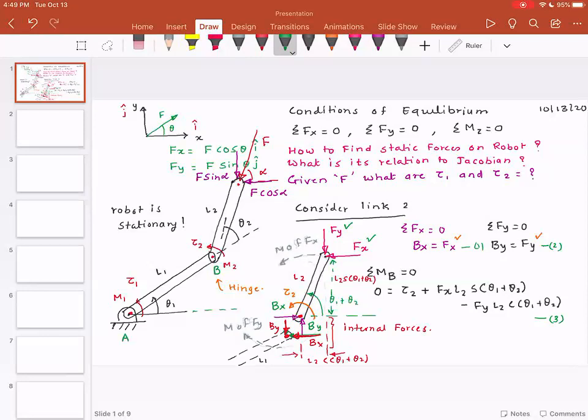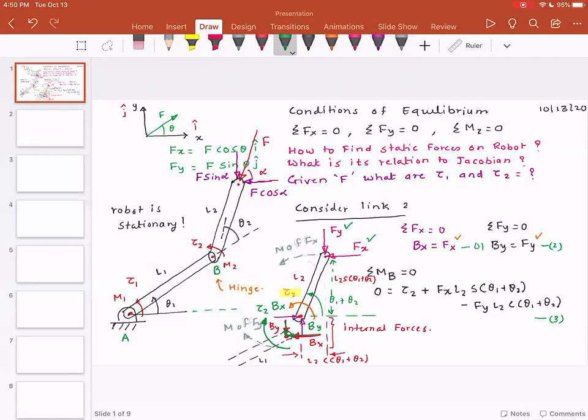One thing that I did not draw, which I have to draw, is the torque. So this torque, tau 2, is acting counterclockwise on link 2. Once again, this torque tau 2 is acting counterclockwise on link 2. This again is an internal torque, which means tau 2 would be acting clockwise on link 1.